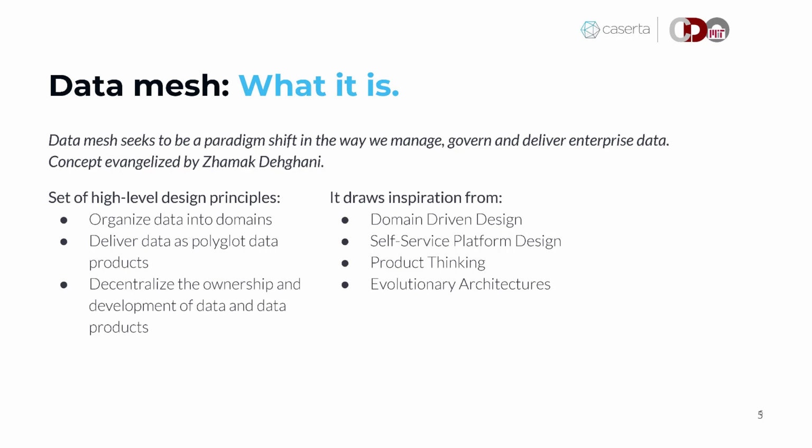Data mesh comes from software design, right? The way you develop software is being adopted to be used for data mesh. Self-service design, platform design, product thinking about everything as a product, and evolving the architectures that we have today. The evolution of data architectures has been ever changing.